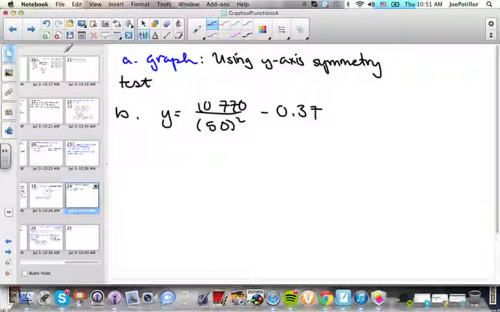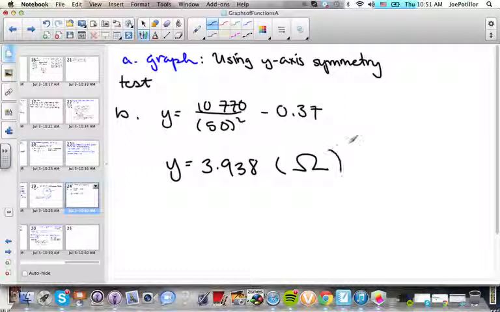Very good. So we get our answer for this equation of y is equal to 3.398 in ohms.